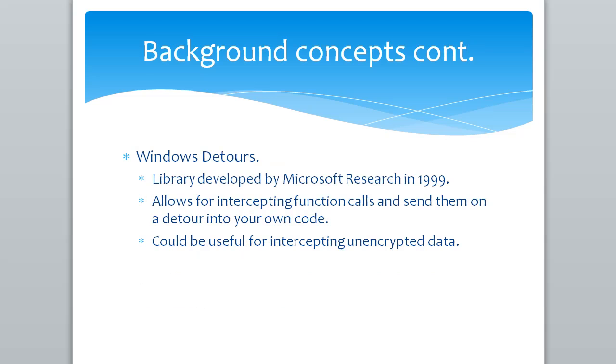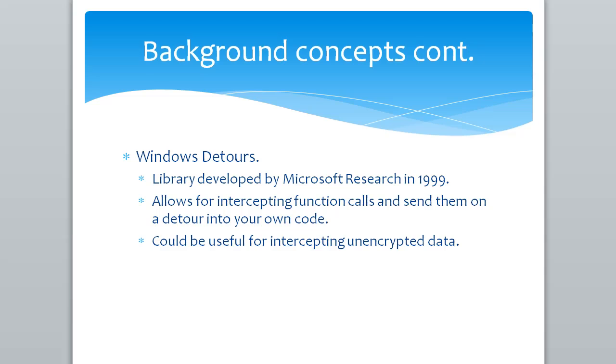So looking at this library could provide some insights into how Firefox handles secure connections. Next we have Windows Detours, which is a library developed by Microsoft Research in 1999.